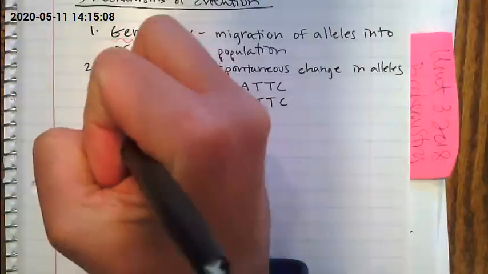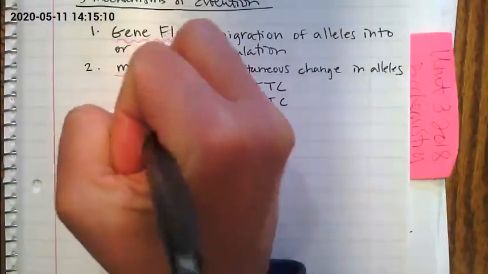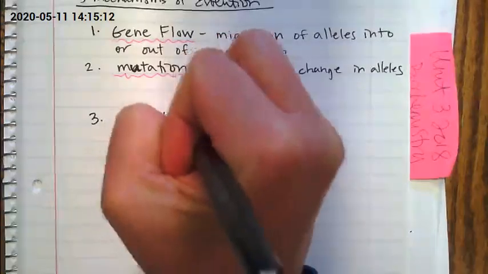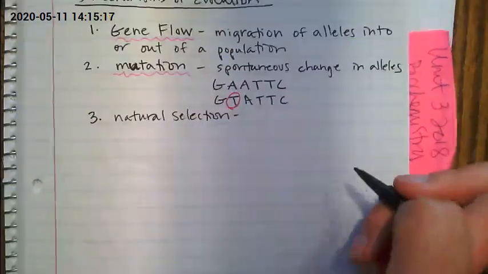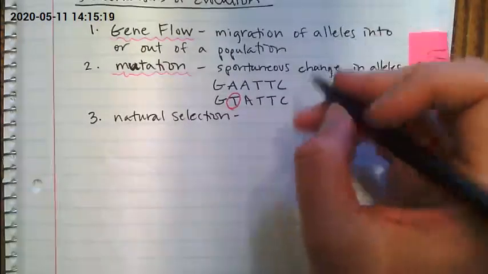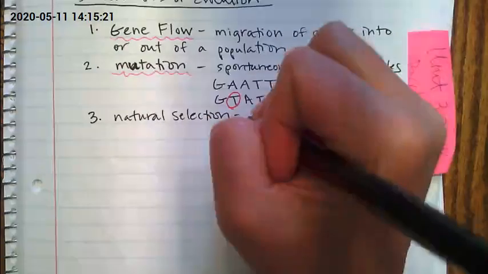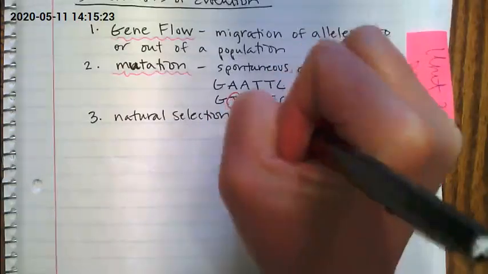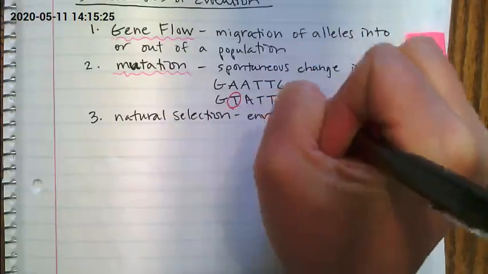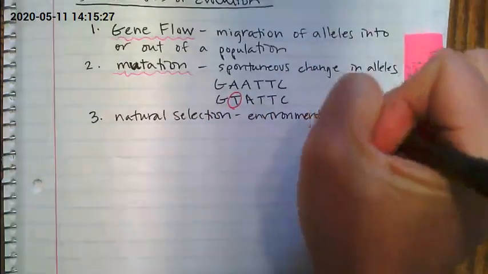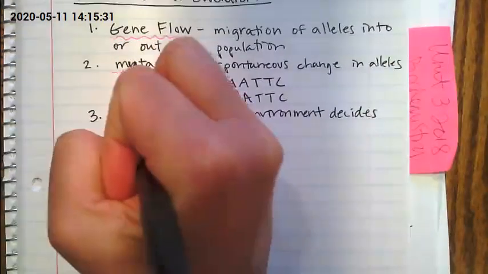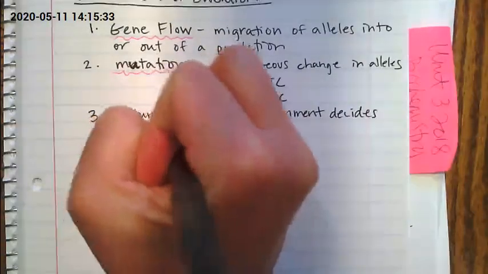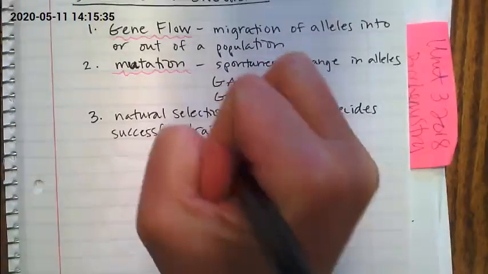All right, we also have natural selection. This is what Darwin was famous for. This is when the environment decides successful traits.